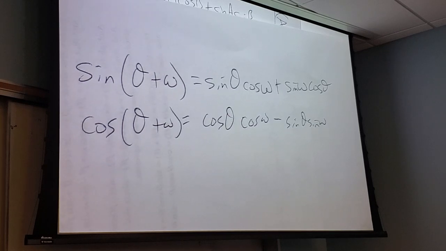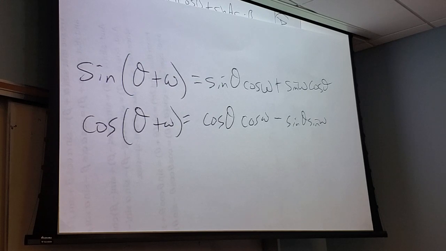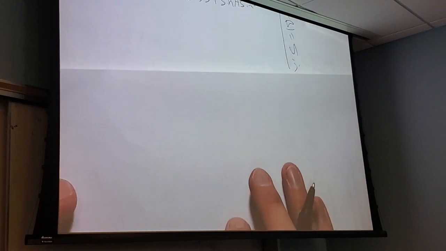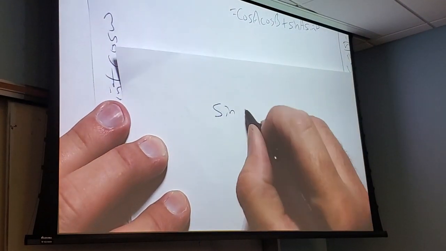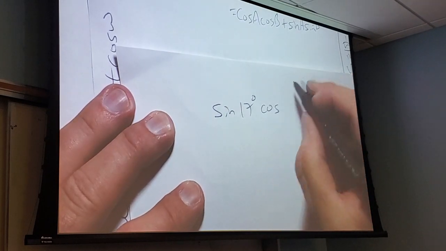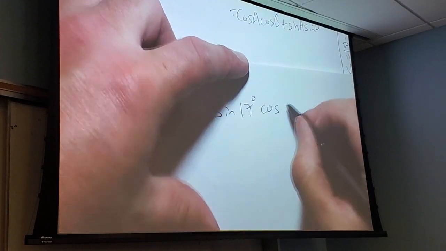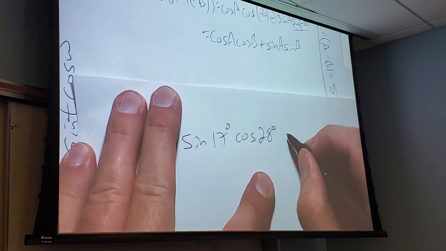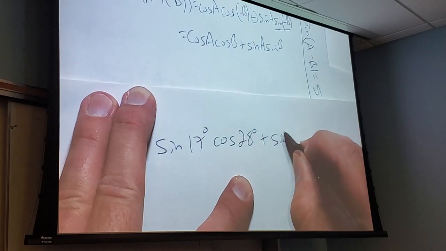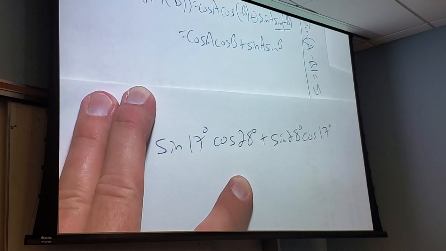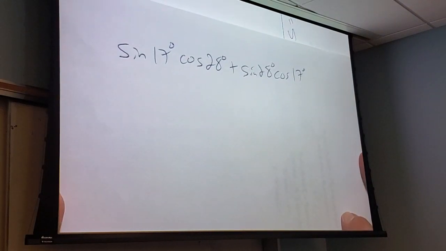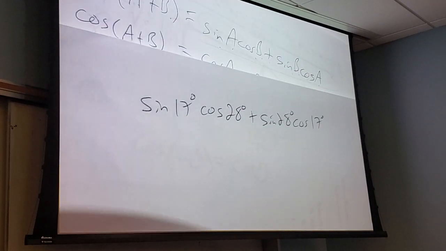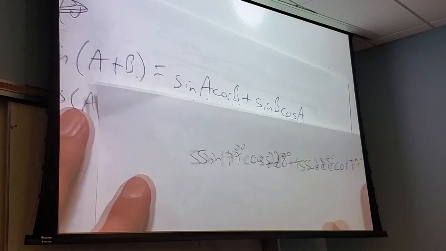Okay. So how can I use this, Jeff? How is this useful at all, Jeff? Well, here we go. What if I wanted to know what sine of 17 degrees cosine of 28 degrees plus sine of 28 degrees cosine of 17 degrees is? What if I had to know what that was? Isn't that in this form?